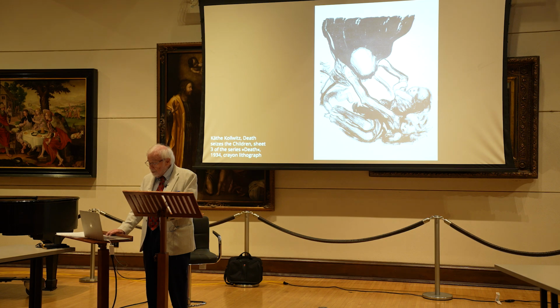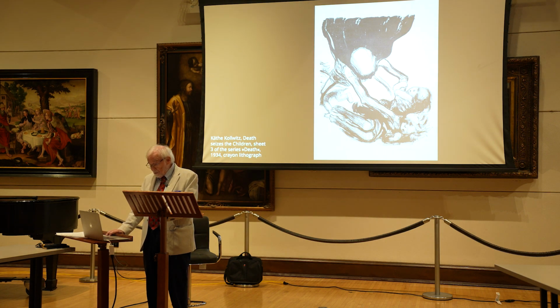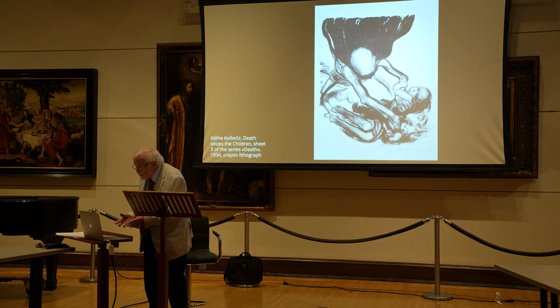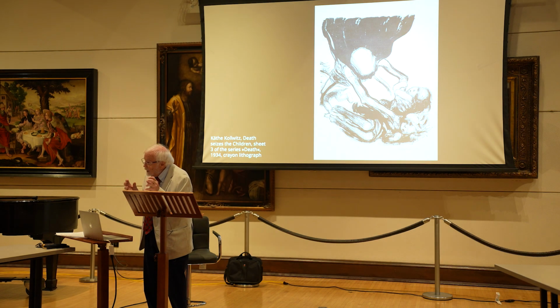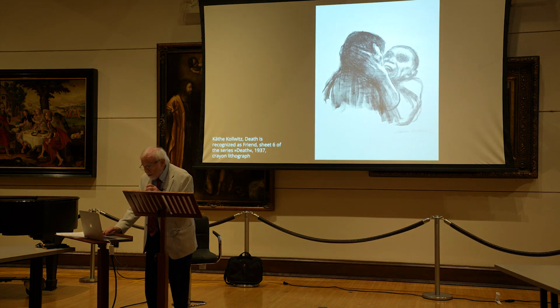I don't know what the Japanese cartoon artists think of it, but it's pretty powerful. Sweeping down to seize the children. But she says we can't leave death simply as the enemy. And so she begins to explore different ways of looking at it.